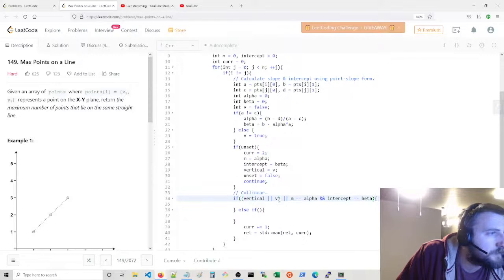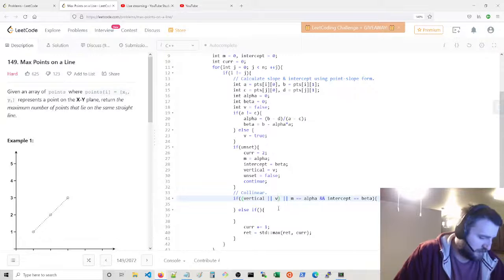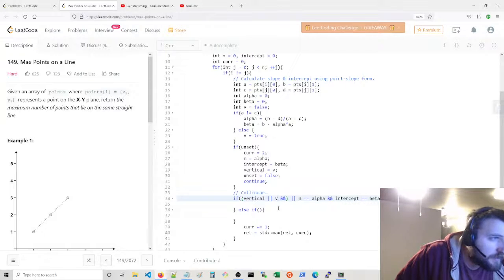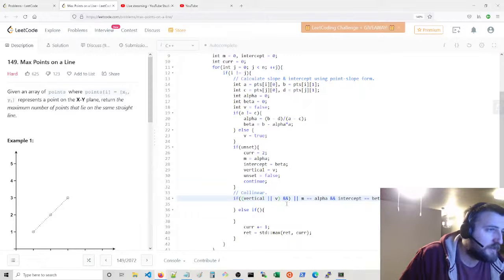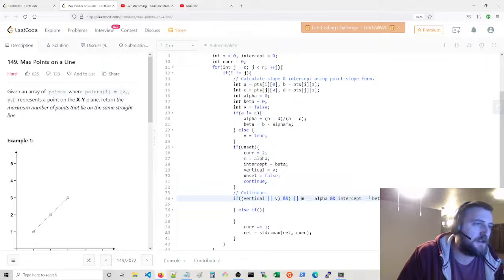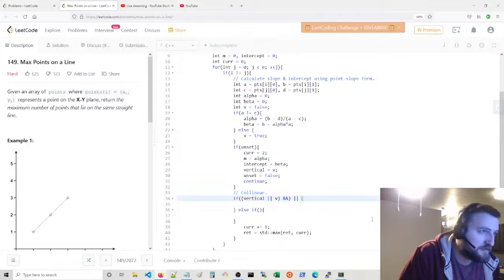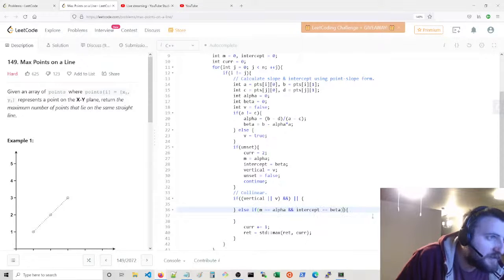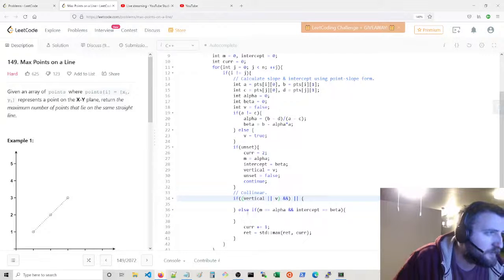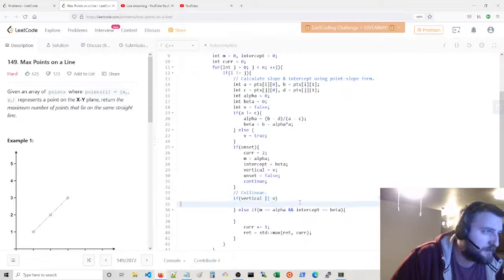But if you're vertical or v, but now part of the problem is that, yeah, that doesn't work. That's too much. That's too much logic in one piece. Yeah, if you're vertical or v, you need to check the following things. You have another if statement in here.